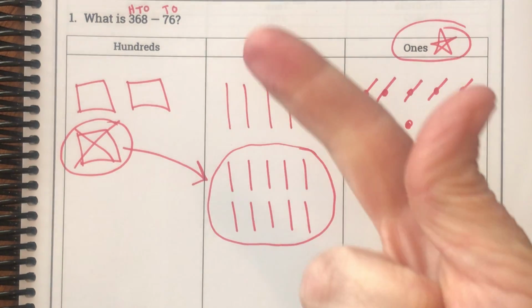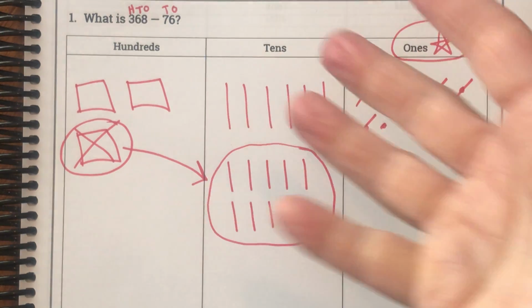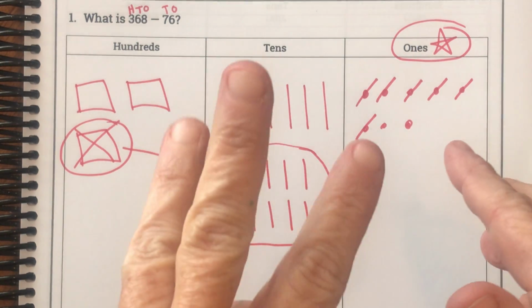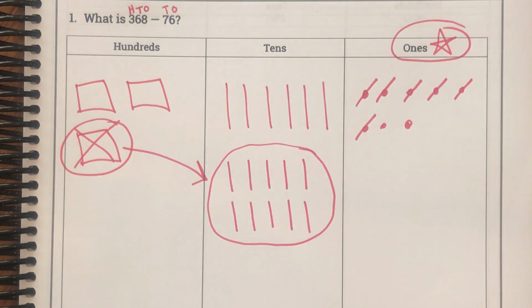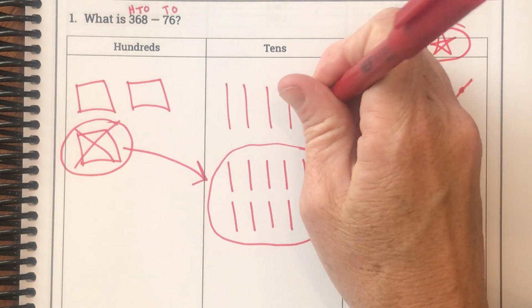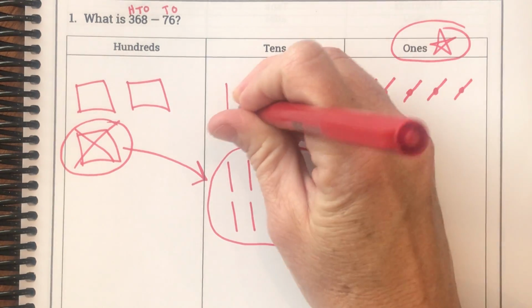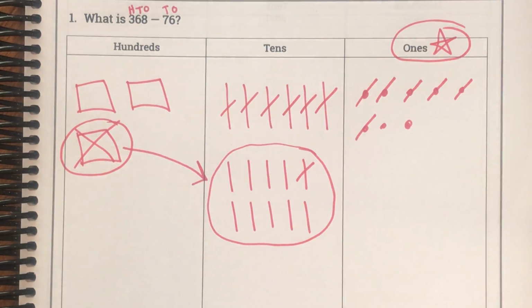If I go 10, 20, 30, 40, 50, 60, 70, 80, 90, 100. If I count to 100 by tens, I need 10 of them. So I regrouped. Okay, now do I have enough to take away my 7 tens? Yep, so let's take them away. 1, 2, 3, 4, 5, 6, 7.